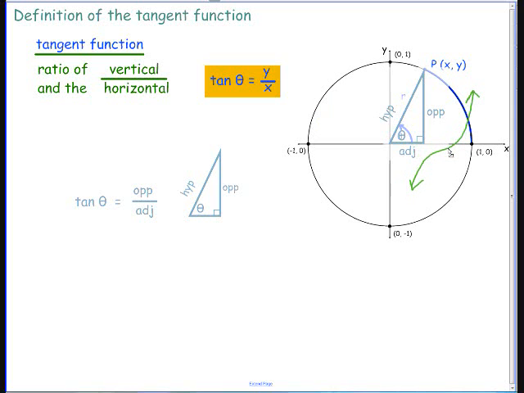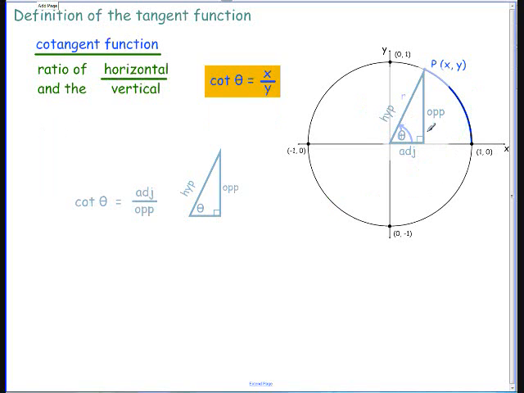Then we get a full cycle going from negative 90 to positive 90, and we get another full cycle when we go from 90 to 270. So we're going to, in a full rotation, see two full cycles. We know that the period for the tangent function is pi.